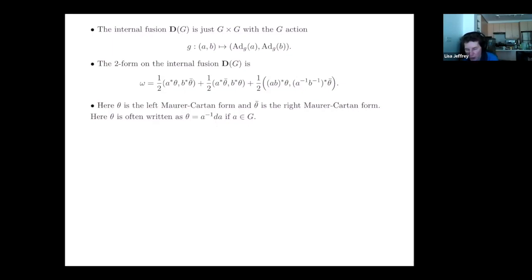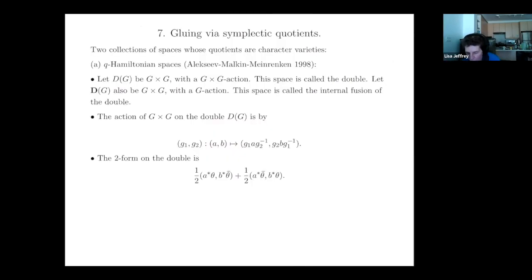It has some other properties which do the same job and fulfill symplectic reduction. That is the quasi-Hamiltonian formalism introduced by these authors. The two-form on the internal fusion is basically the wedge product of the Maurer-Cartan forms, left and right, pulled back by A and B. This is their notation for the double, writing the two-forms as A and B.